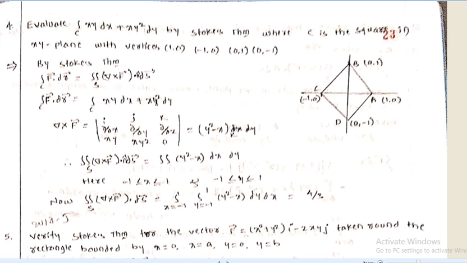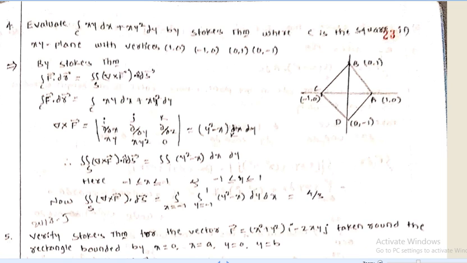Next example: evaluate the integration along the curve C of xy dx plus xy² dy by Stokes theorem, where C is the square in the xy plane with the vertices (1, 0), (-1, 0), (0, 1), (0, -1).